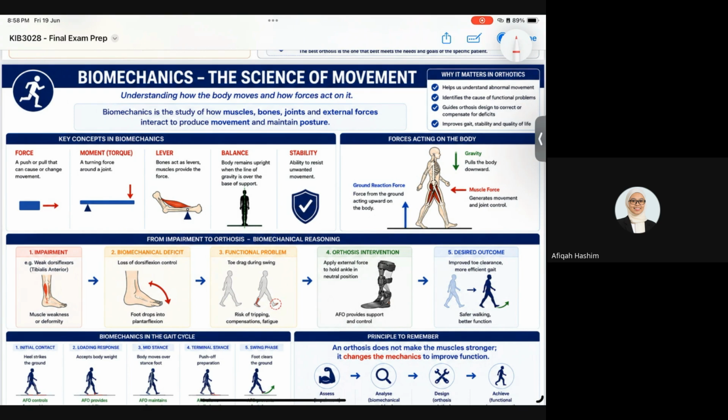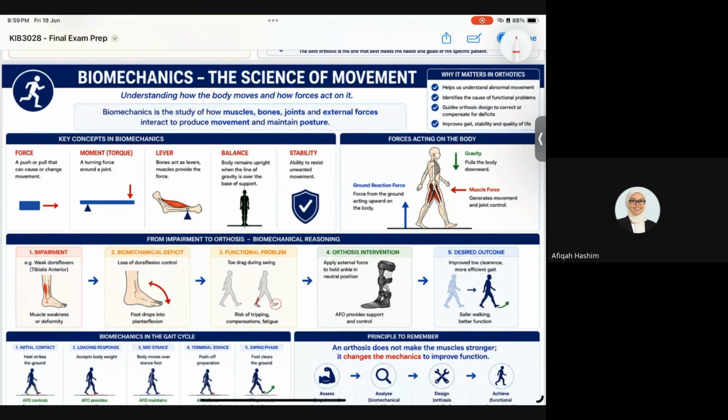So notice that every sentence explains how the mechanics change: resist plantar flexion, neutral position, improve toe clearance, promote heel strike, reduce foot slap, and then it leads to greater stability.